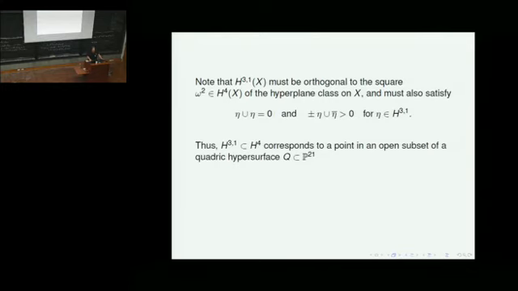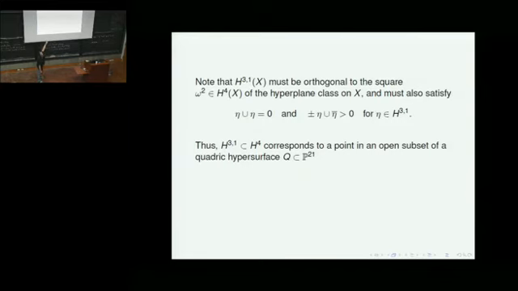So what does that mean? First of all, specifying H^{3,1} is just a one-dimensional subspace of a 23-dimensional space, so that corresponds to a point in P^22. I restrict to the hyperplane orthogonal to omega squared, which gets me down to a P^21. The first of those conditions says that its cup product with itself is 0.